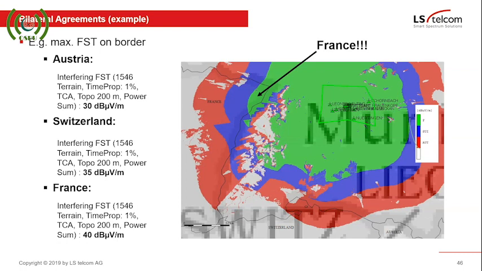Okay, so what we've said also in here, you will do a calculation, leaving the new station out. So I will have all the transmitters in my database, and I will look at the summation of all the interference from my country at that test point, at the border point.